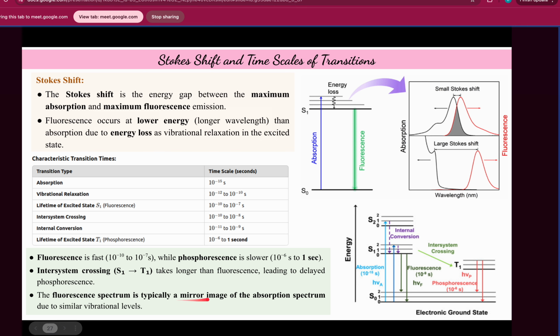The fluorescence spectrum is typically a mirror image of the absorption spectrum due to similar vibrational levels. In the later slides, that will be more clear. We have already seen what intersystem crossing, vibrational relaxation, fluorescence and phosphorescence mean. This is just to show you how much time each of these transitions takes, because if the time is very short, we require a sensitive device so that we can capture that particular transition.